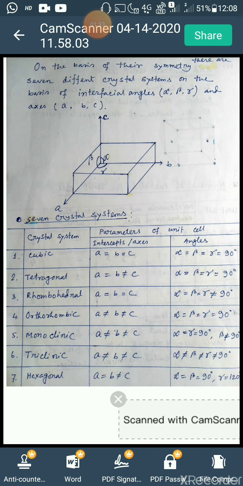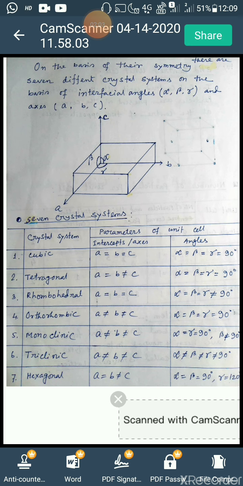You have to remember this relation between a, b, c and the angles alpha, beta, and gamma. Seven crystal systems. The first crystal system is cubic. In the cubic crystal system, the values of a, b, and c are equal. That is, the edge lengths along the three axes are the same: a equal to b equal to c, and angles alpha, beta, and gamma are all equal to 90 degrees. In the tetragonal system, the values of a and b are the same.